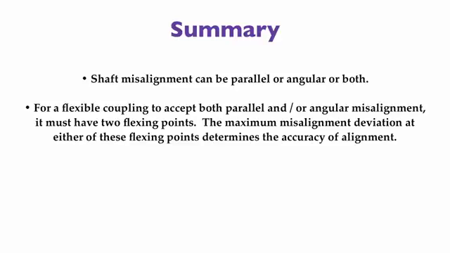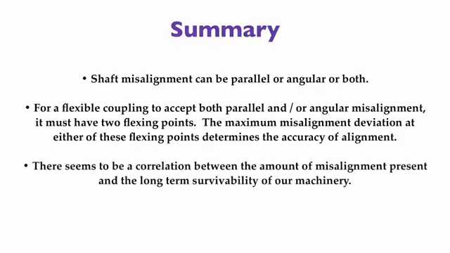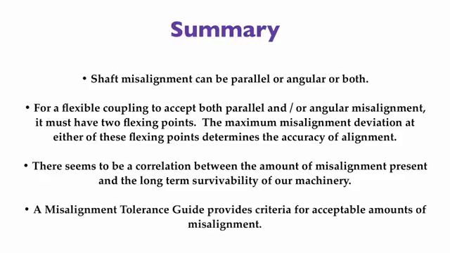These flexing points are where the power is being transferred from one shaft to the other and are expected to work flawlessly for hundreds of millions of cycles. The less distress these flexing points have to endure, the more likely they will survive.